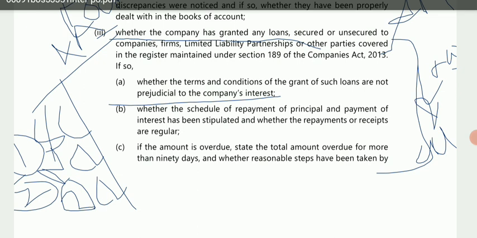And the third point is that if any amount is overdue for more than 90 days, the company is taking proper actions to receive its repayment, and you also mention that such and such amount is overdue for more than 90 days. So these were the 3 points, and let me just show you these points also in the audit report, and then we will conclude for today.